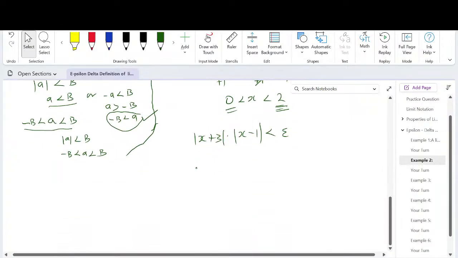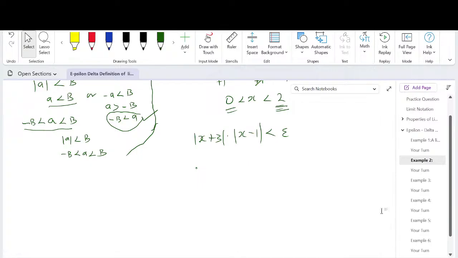Since I take x to be 2, this will be 2 plus 3 and x minus 1 less than epsilon. I'm not going to substitute here, because I'm just trying to get rid of this one. I know that this one is less than delta, and this one I don't know, so I want to turn it into a constant. That's what I'm trying to do here. So this will be the absolute value of 5 and the absolute value of x minus 1.